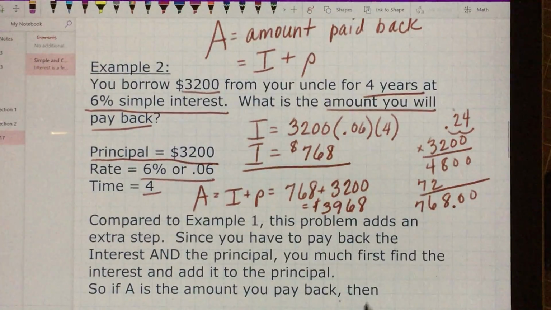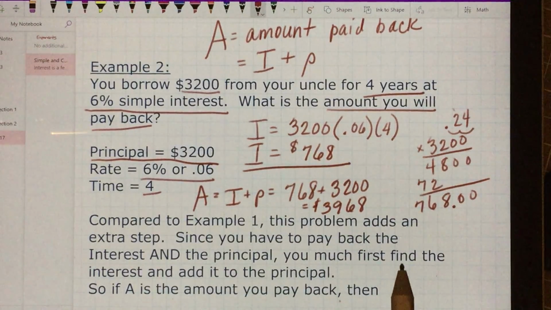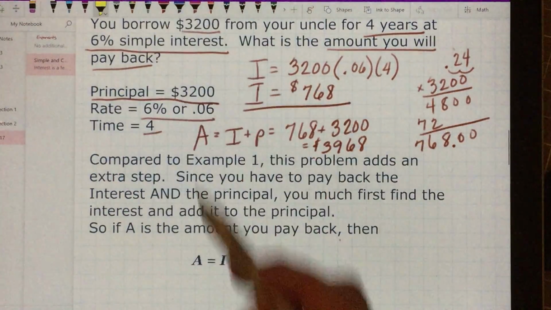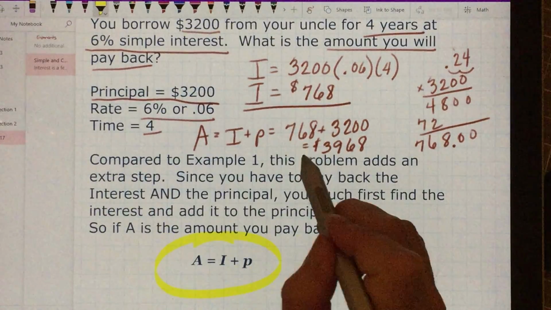So to recap, compared to example 1, this problem adds an extra step. Since you have to pay back the interest and the principal, you must first find the interest and add it to the principal. So if A is the amount you pay back, then A is equal to the interest plus the principal.